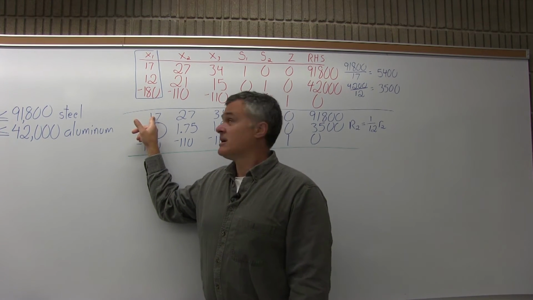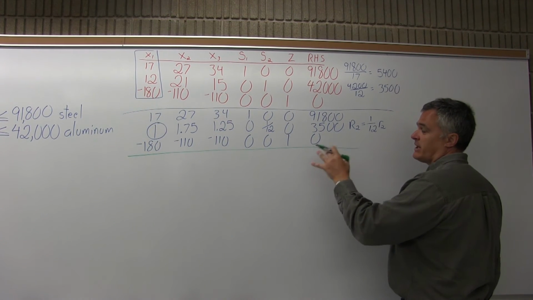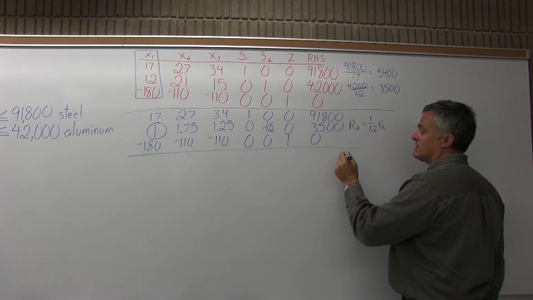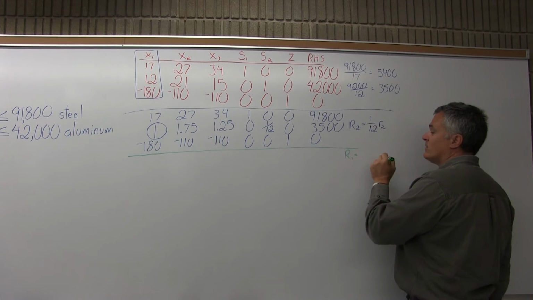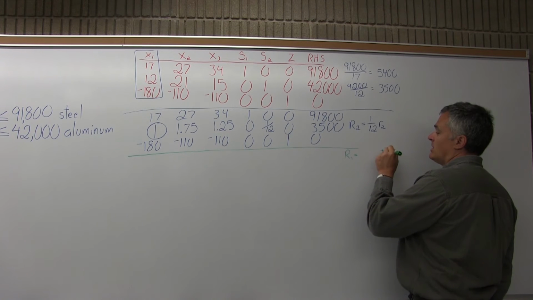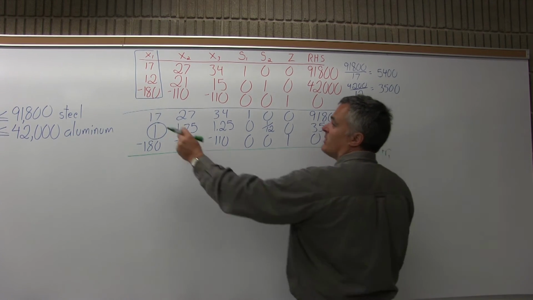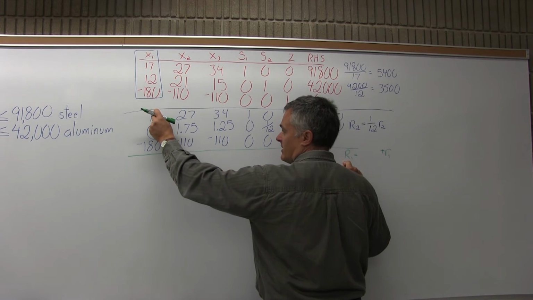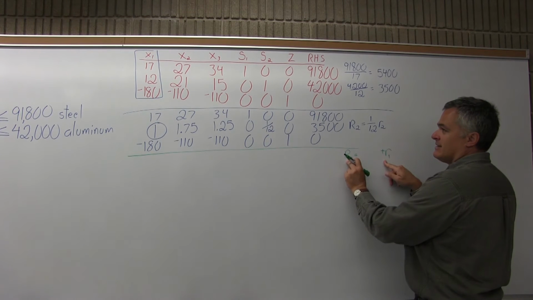That 17 has to become a 0. So I'm going to write a little equation next to row 1 and explain how I'm going to turn that 17 into a 0. My equation is going to be row 1 equals some stuff plus the old row 1. My little equation starts with row 1 because row 1 is the row where I'm making the 0 at this point, and it ends in row 1 because it should begin and end in the same row.